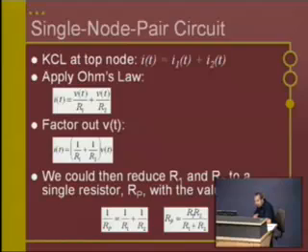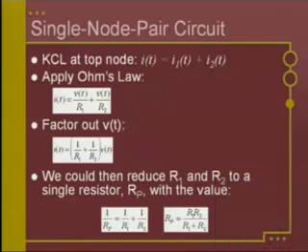And KVL told us that those were the same voltage across all of those things. Then the current is the voltage over the resistance, and we sum those up, and that gives us something. We can factor out the voltage in the same way that we factored out the current before, and what we have is 1 over R1 plus 1 over R2 times the voltage.